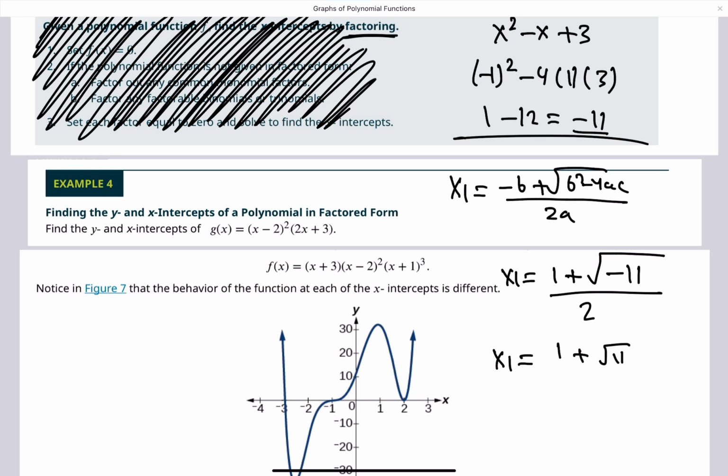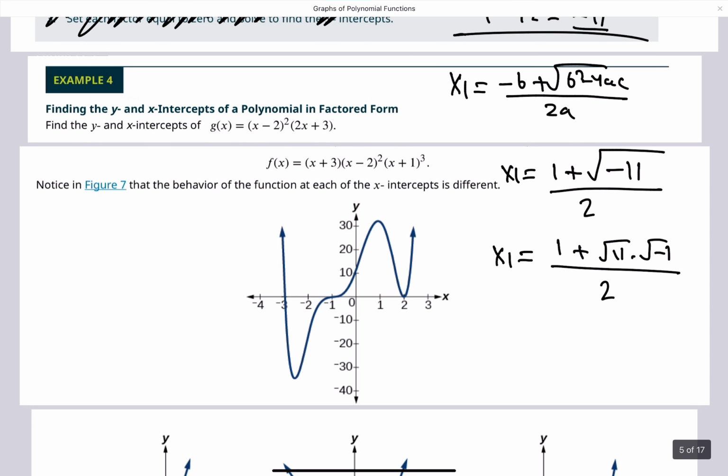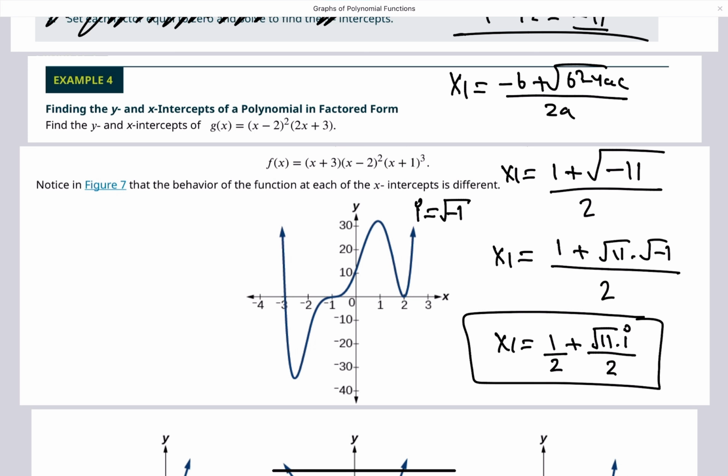It's square root 11 multiplied by square root negative 1, right, divided by 2. Now always remember that i, the imaginary number, equals the square root of negative 1. So x1 equals 1 plus, instead of writing square root negative 1, I'm going to write square root 11 multiplied by i, and this is divided by 2. So this is your first solution, x1.